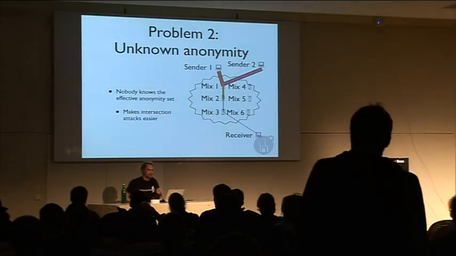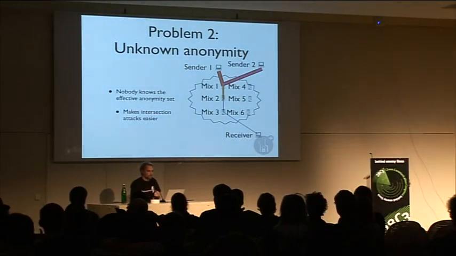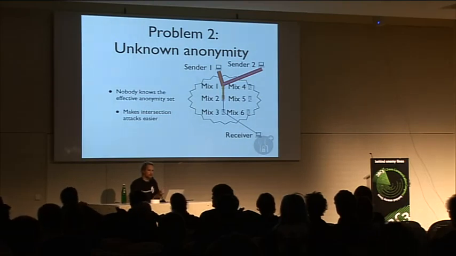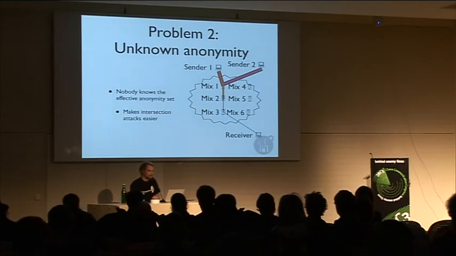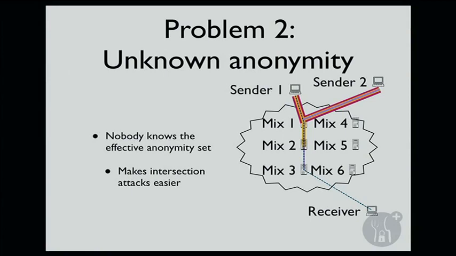But I think if you want to keep your anonymity in good quality, you have to know your anonymity set. So you also have to know who the other participants are, or which other users are using the anonymization technologies. Because if you don't know the exact anonymity set, intersection attacks can be very easy.